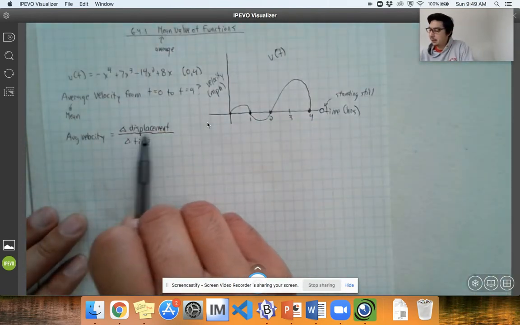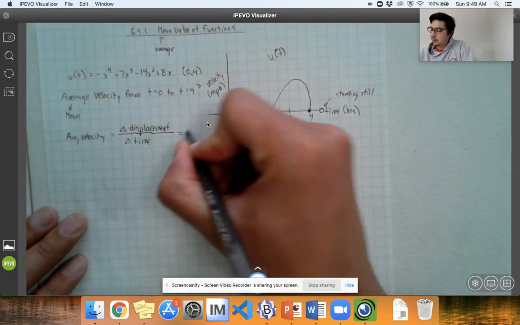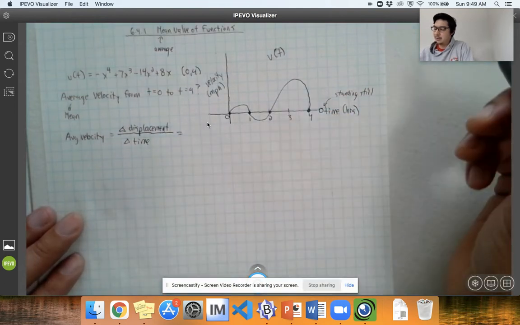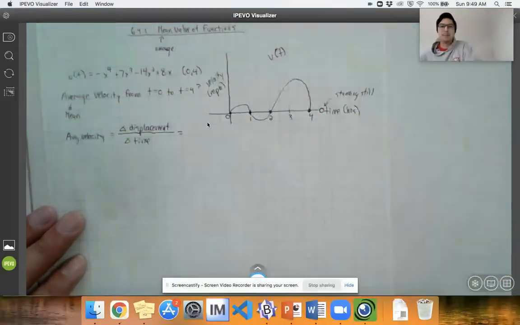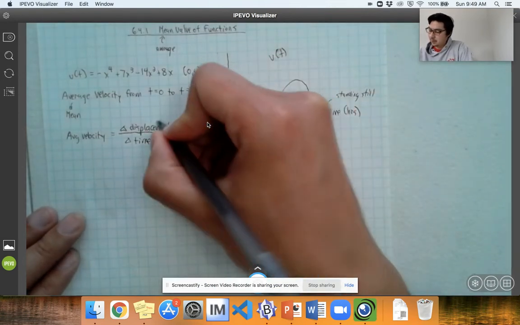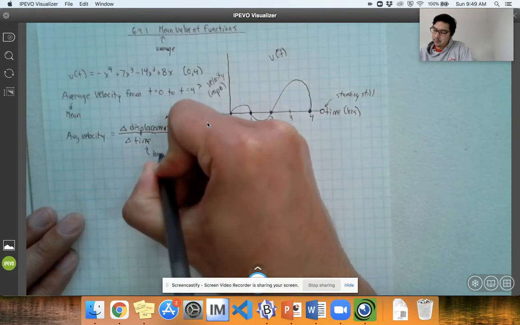Now, how do we find your total displacement here? Where we started at 0, how would we find your displacement on this velocity graph? In other words, how many miles did we travel? So this is in miles per hour, and this is in hours, which nets us miles.